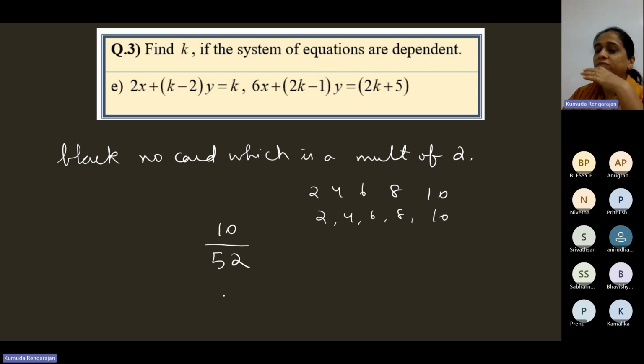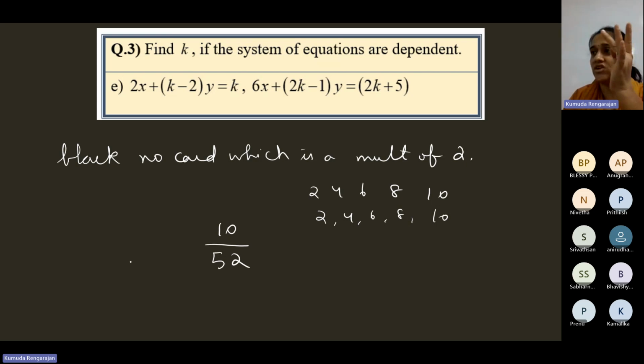What's the probability of getting a red face card? 6 by 52. King, queen, and jack are the face cards or picture cards, where you can see the face on the card.